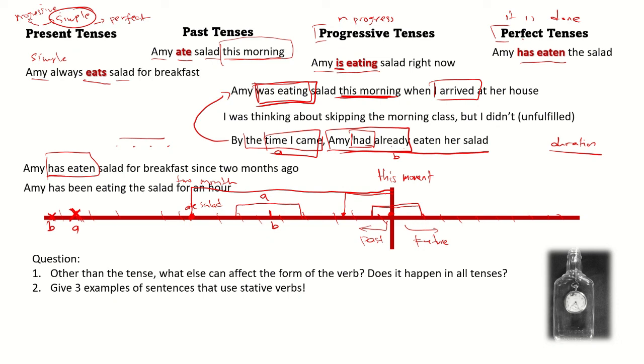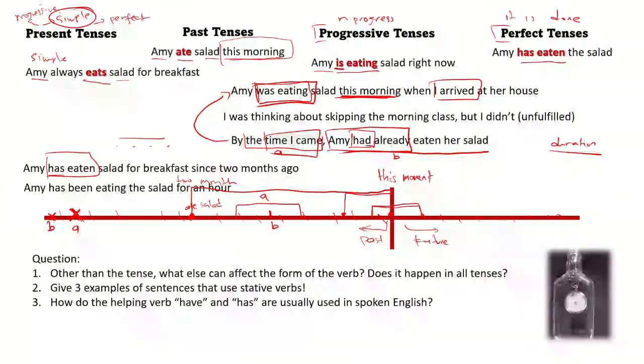So, this is the third question that you need to answer. How are the helping verbs have and has usually used in spoken English? If you look at your module and your handbook, you will notice that the tenses used in written and spoken English are different.